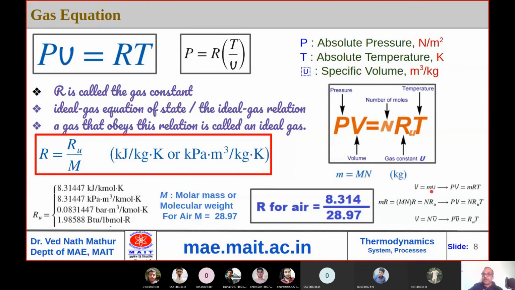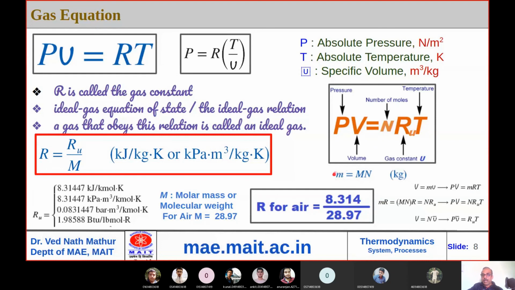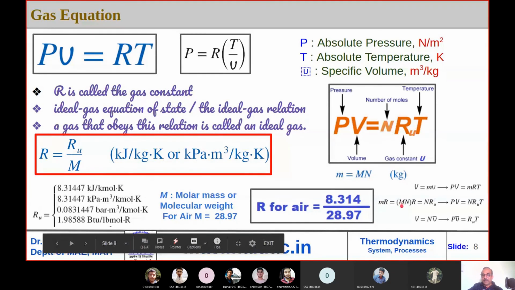So if you substitute in this equation, this gives you P capital V upon m is equal to RT. That means PV is equal to mRT. Now m into R can be written as M into n into R, because I just said m is equal to M into n. M is the molecular weight of the gas, n is the kg mole of the gas.